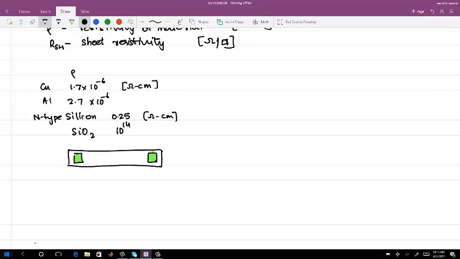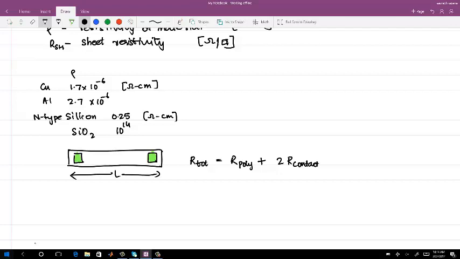So the actual resistance you are going to realize is R total equals R poly, let's say this is N poly, plus 2 times the resistance of contacts. And this may not be negligible depending on what your resistance is. So when your resistance is very important, you have to take care of the contact resistance also.